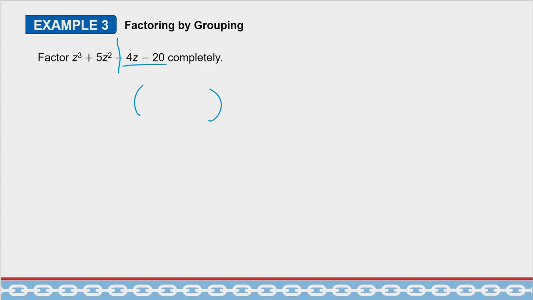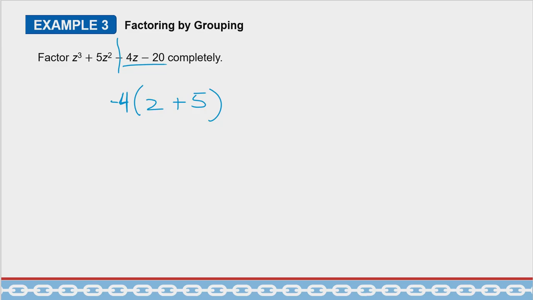What can I factor out of negative 4z and negative 20? Well, I can factor out a negative 4, and that leaves me with z plus 5, right? Because if I factor out negative 4, negative 4z divided by negative 4 is just z.